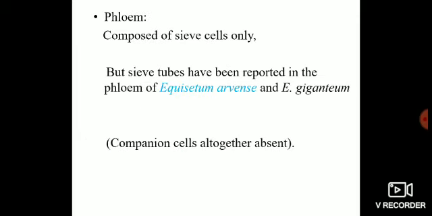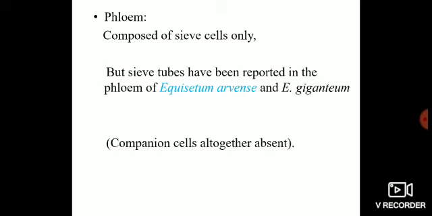Now, the composition of phloem. In case of pteridophytes, the phloem is composed of sieve cells only. Sieve cells are less specialized cells. These are present in lower plants, but in case of higher plants, for example angiosperms, you do not have sieve cells, rather you have sieve tube elements. And these sieve tube elements in angiosperms are joined end to end and they form sieve tubes.